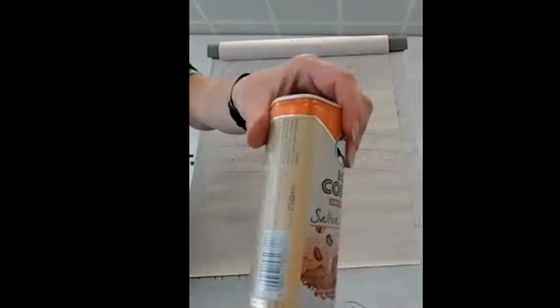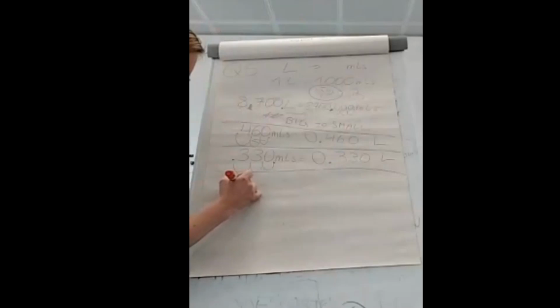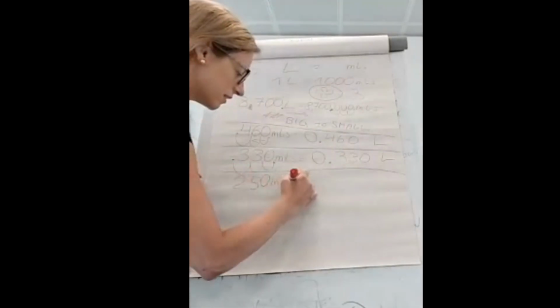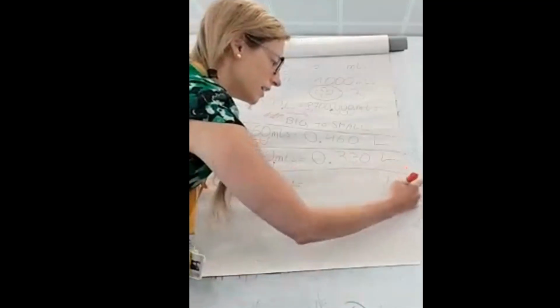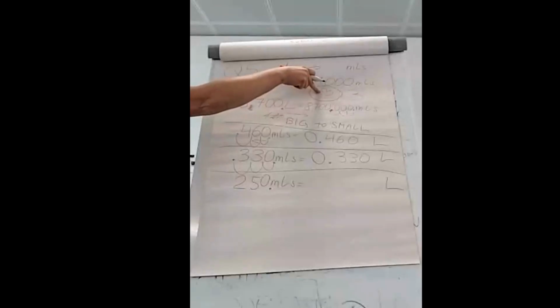I also have this one. What do you think? How much is this? 250. Very good. So 250 milliliters in liters. Where's our decimal place? At the end. How many times do we move it? 3 times.